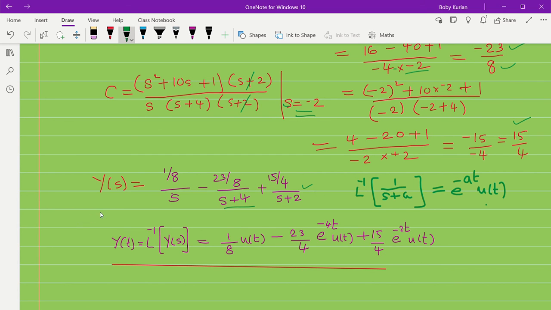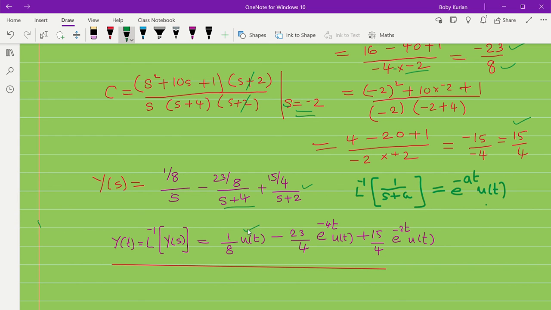Now we can find the inverse Laplace transform of this function. Taking the inverse of y of s, we get y of t. We take the inverse of each term on the right side. The first term is 1 by 8 into 1 by s; the inverse of 1 by s is u of t.